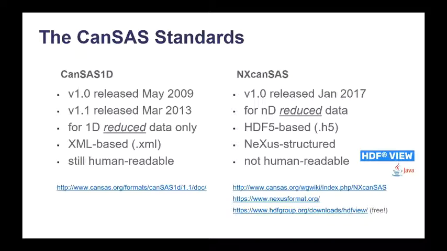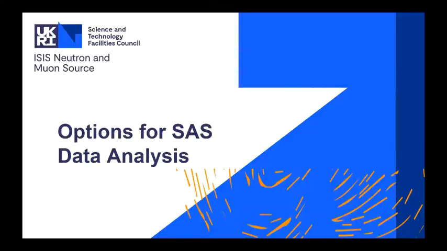So what about the options for small angle scattering data analysis? Well, the fact is, because small angle scattering is a very mature technique of use to a very diverse community of science. I know most of you listening are soft matter scientists, but the appeal of the technique goes way beyond us.